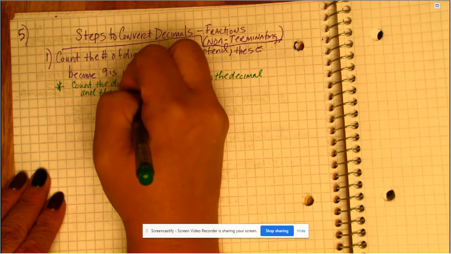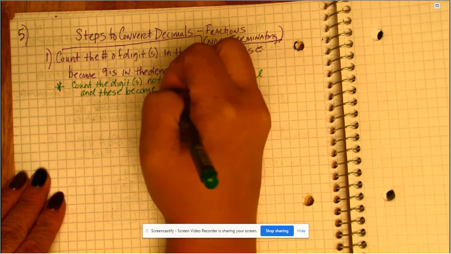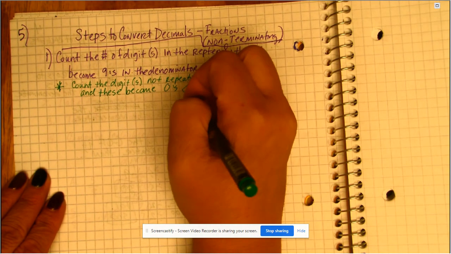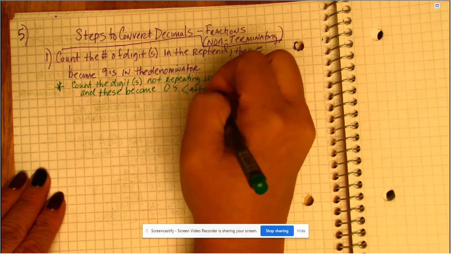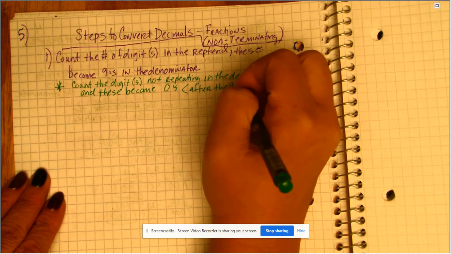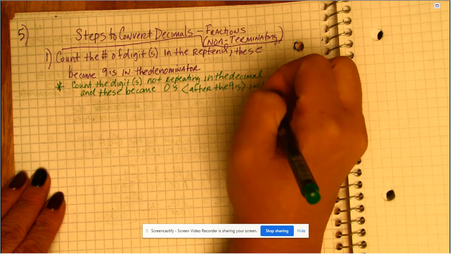And these become zeros after the 9s in the denominator.